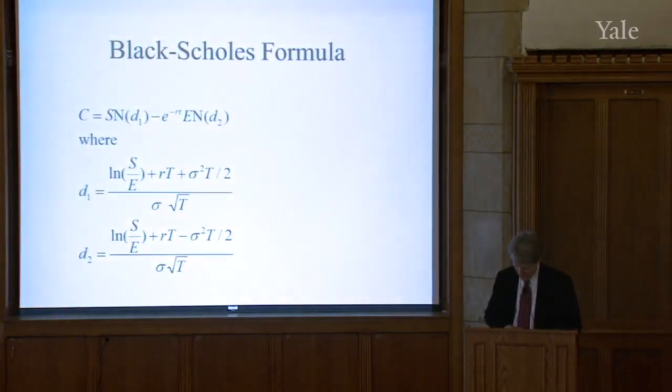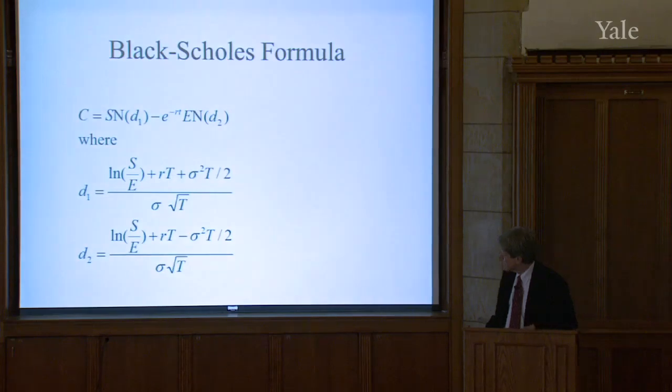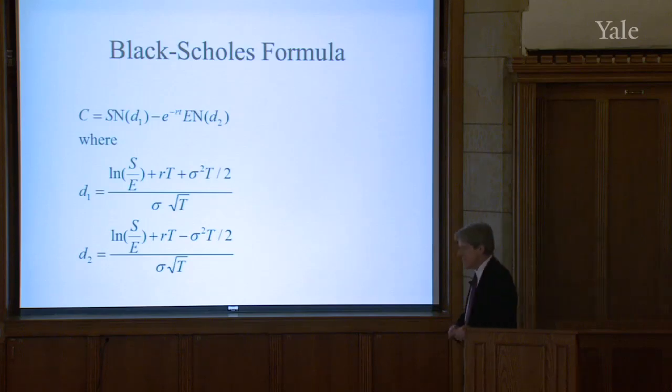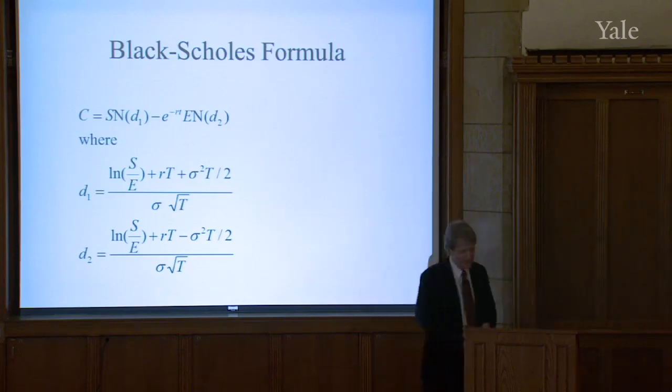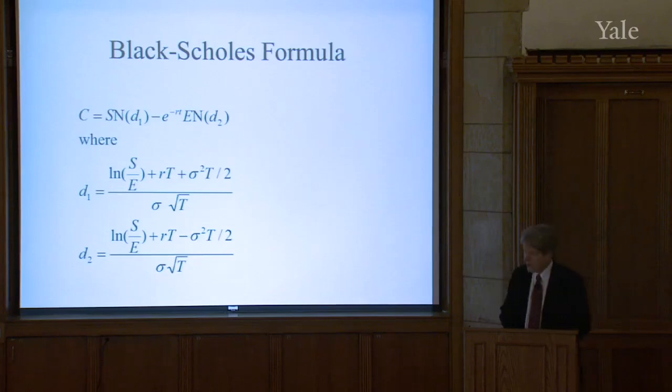And so that's where we are with Black-Scholes. So implied volatility is the options market's opinion as to how variable the stock market will be between now and the exercise date.